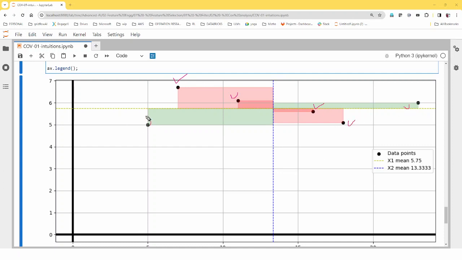For example, let's take this point versus the mean. The deviation of this point is the difference along this coordinate with this mean. Similarly, this point versus this particular line, which is the mean on the other side, gives the difference here. When you multiply these two, it gives you a rectangular area, and that area gives you a sense of covariance.